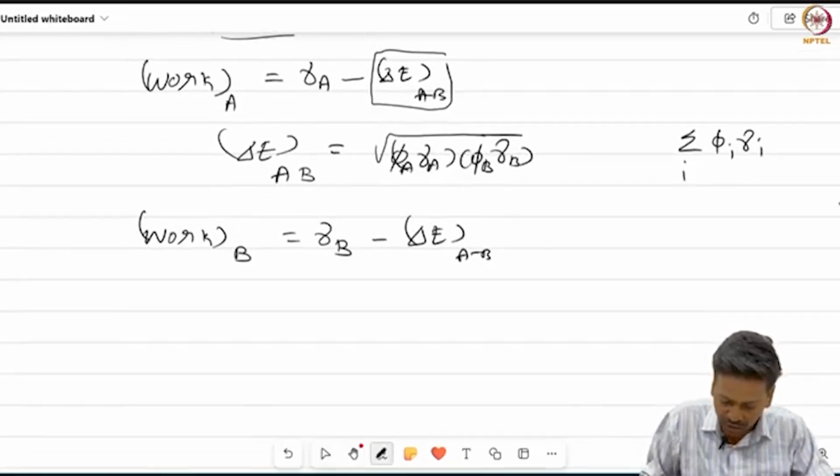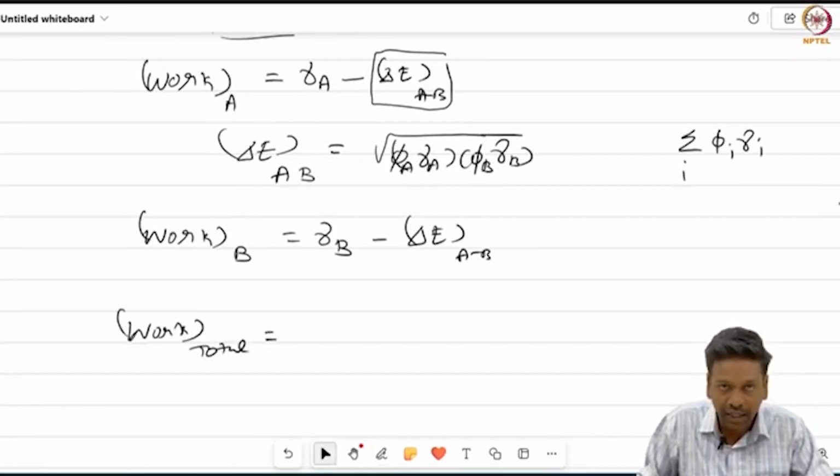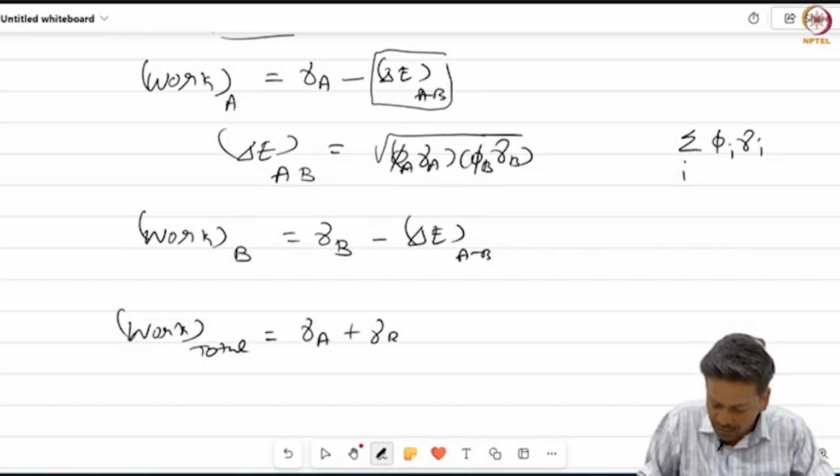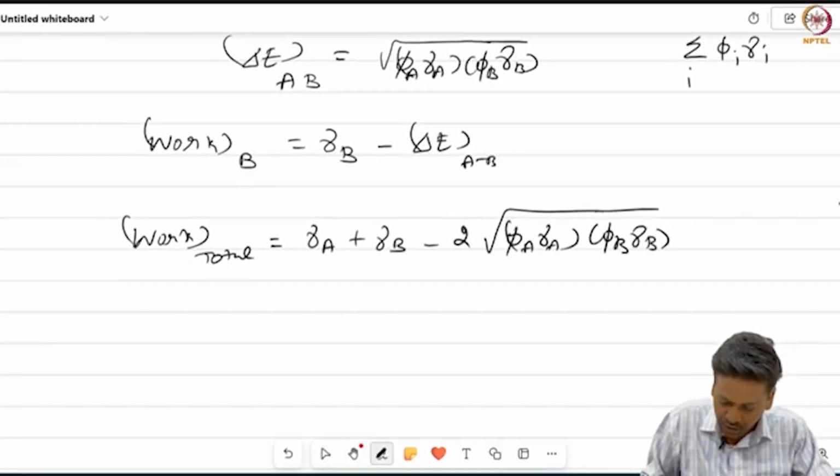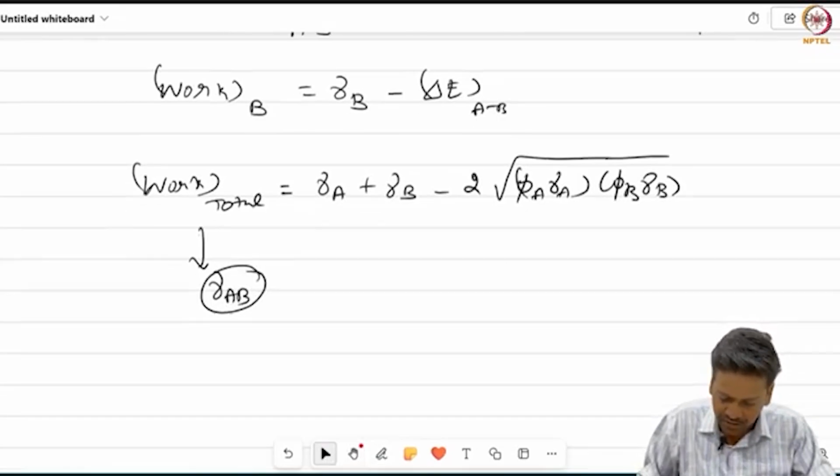The total work is the work A and work B, which means you have gamma A plus gamma B minus 2 root over phi A gamma A into phi B gamma B. This is also usually denoted as gamma AB. It is used interchangeably; you can use work total or gamma AB.